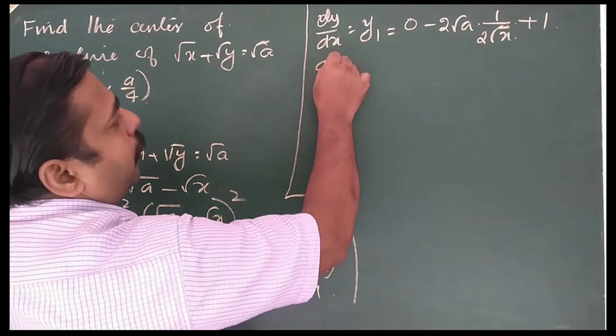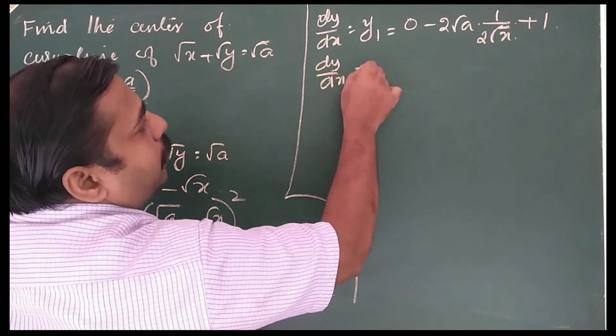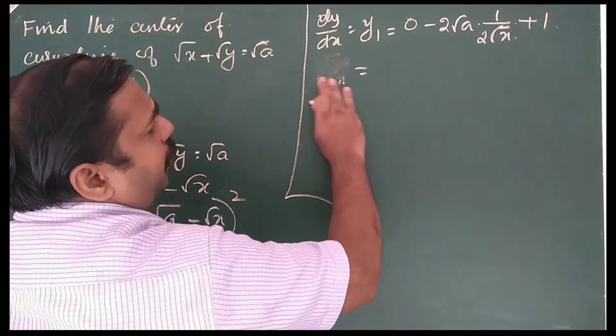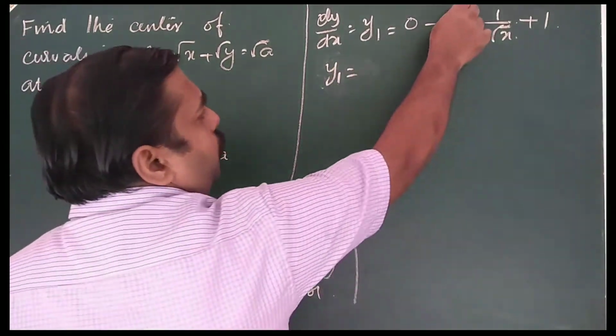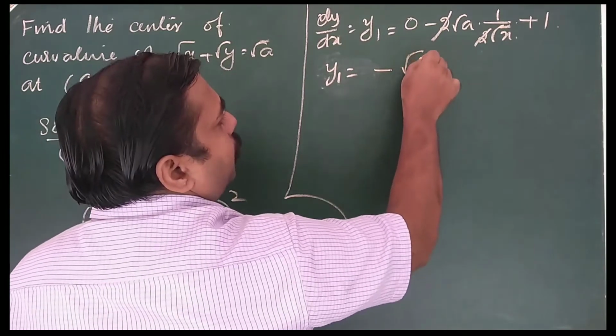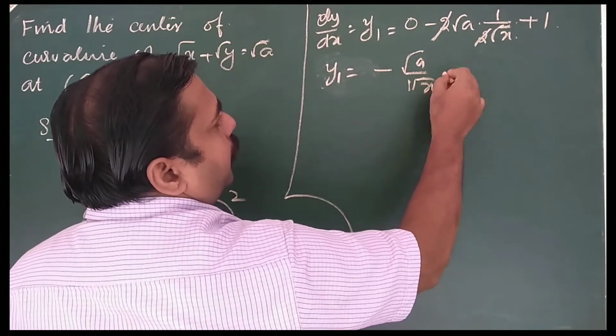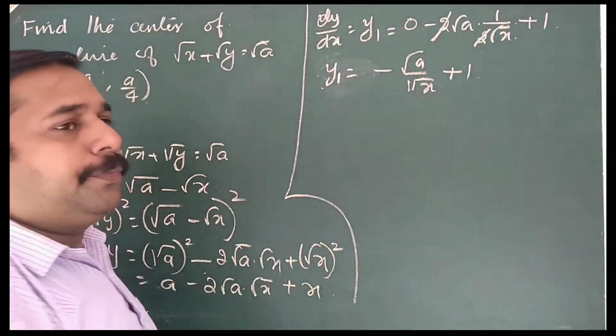Now dy by dx, that is y1, is simple: here the 2 cancels, that is root a by root x plus 1.